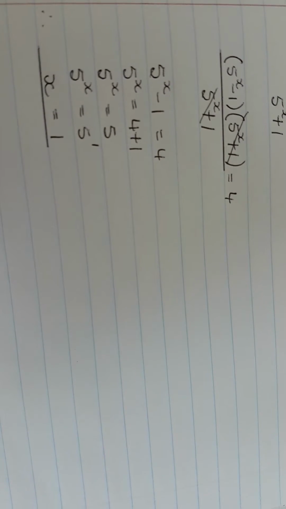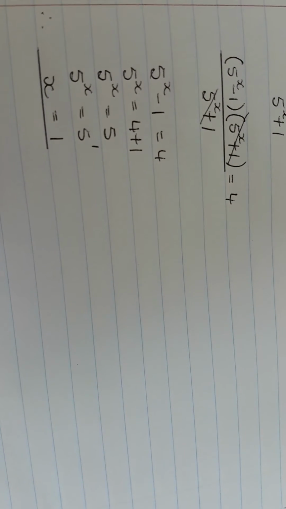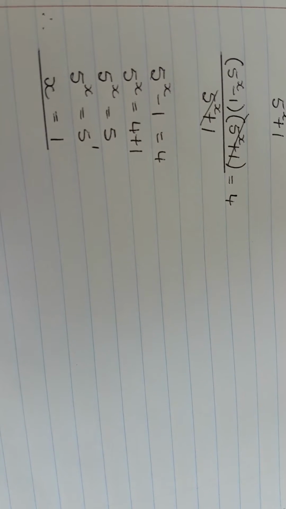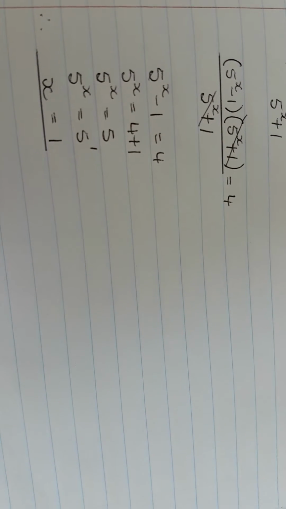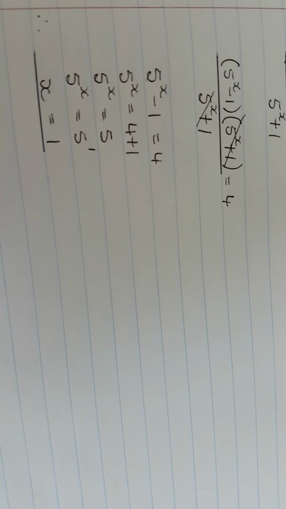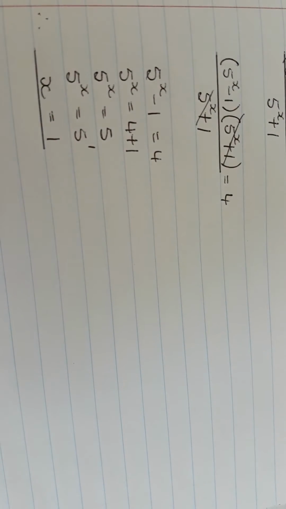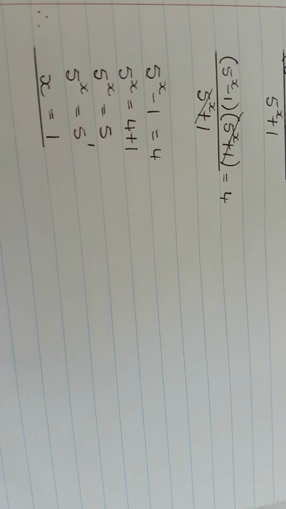Any number to the power of 0 is equal to 1. Please play around with numbers on your calculator. You will see any number to the power of 0 is equal to 1.